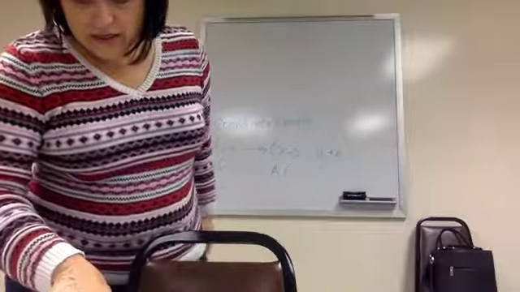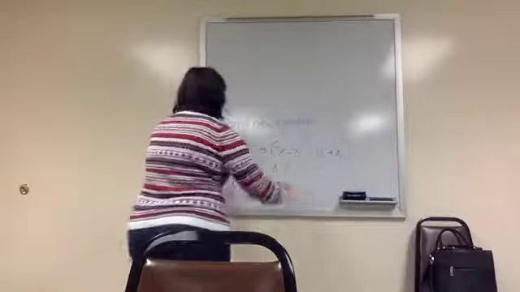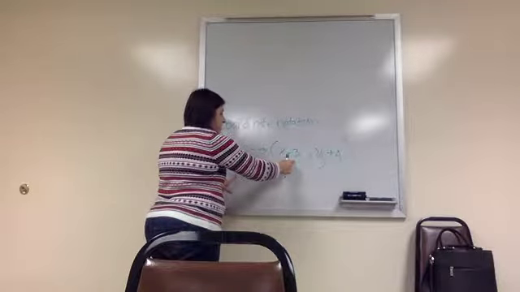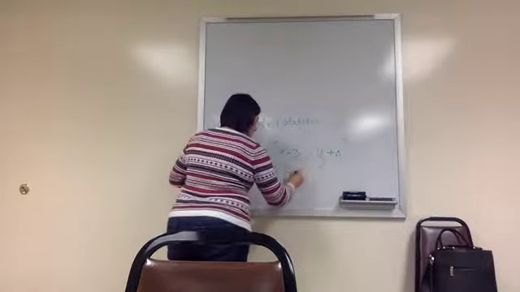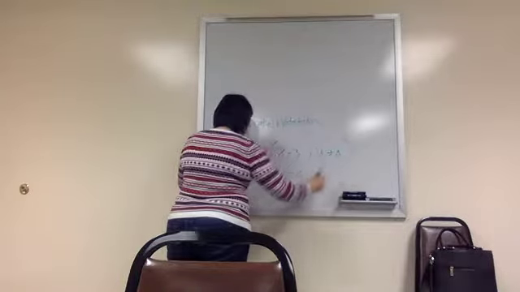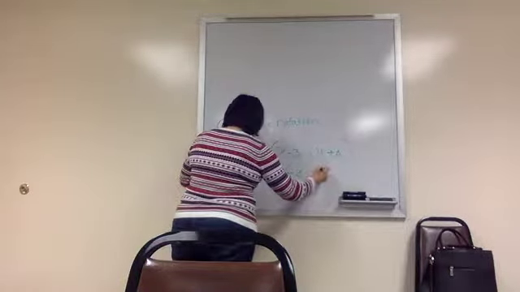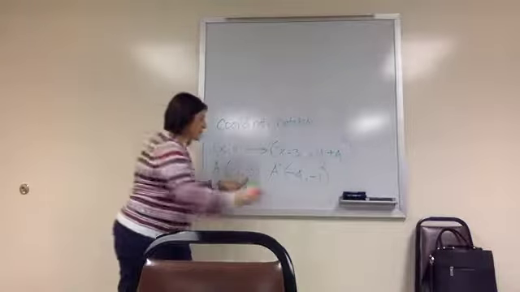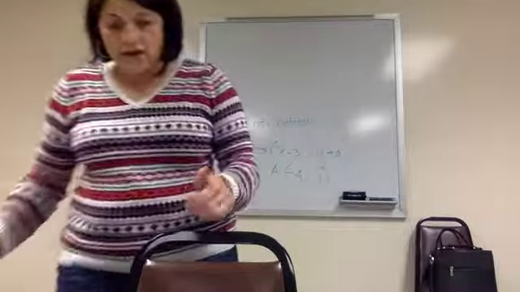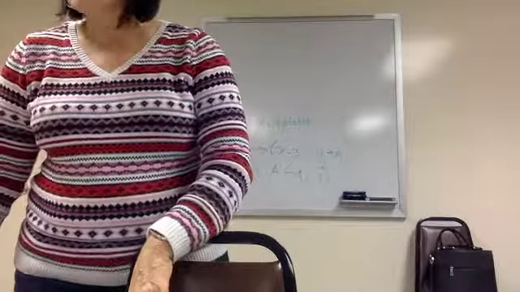Okay, so what are we going to do here? We're going to subtract 3 from -1. So -1 minus 3 is -4. And -3 plus 4 is +1. Okay, so A prime is -4, 1. That's where it's moving, and you do every single one.